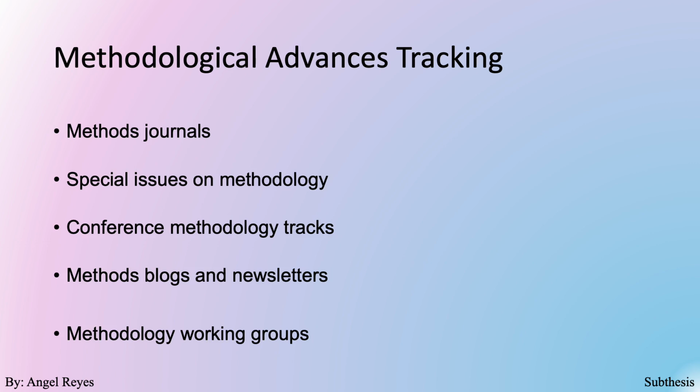These often spotlight emerging trends or critiques of existing techniques. Subscribe to methods blogs or newsletters that curate new approaches and tools. Finally, consider joining methodology working groups or communities of practice that meet regularly to discuss research design, ethics, and analysis.